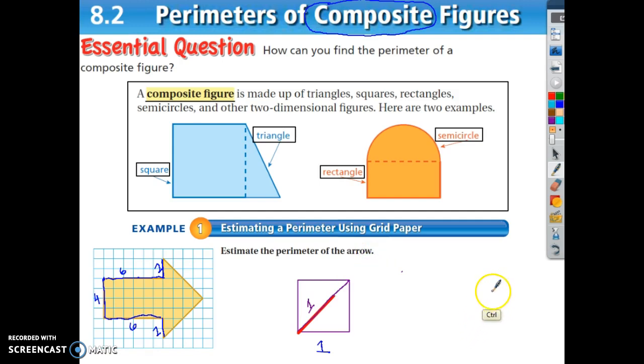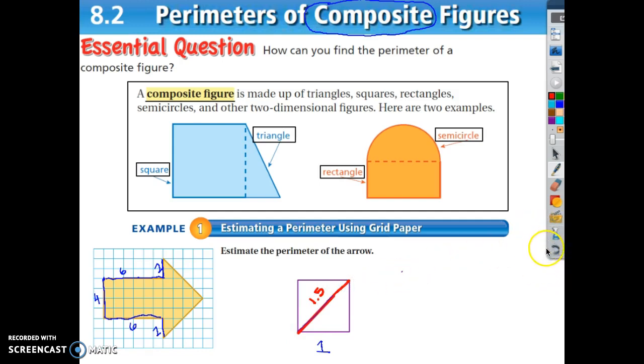So it's not twice as long, it's just a little bit longer. So the red length is 1, plus a little bit more. Let's call it 1.5. So this entire diagonal is the length of 1 red unit plus about half more.